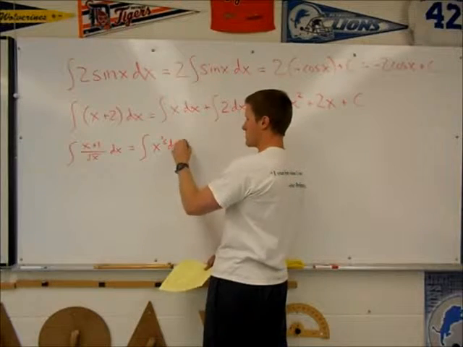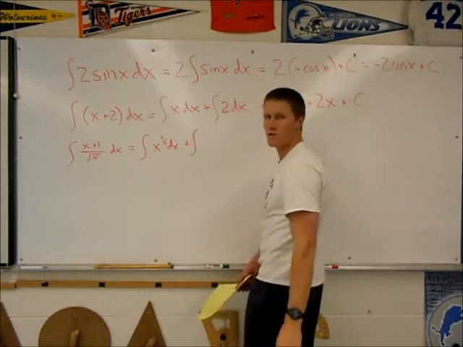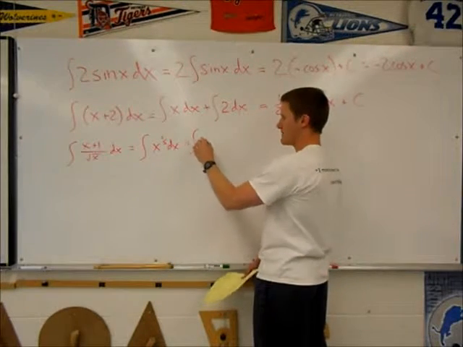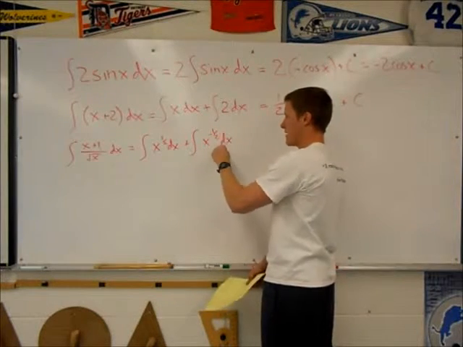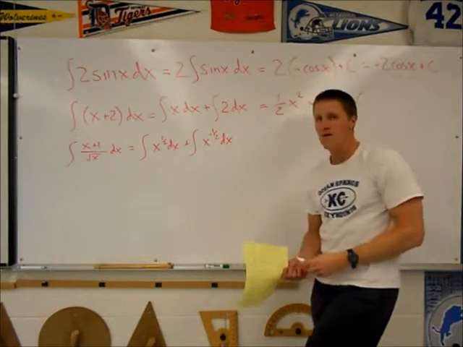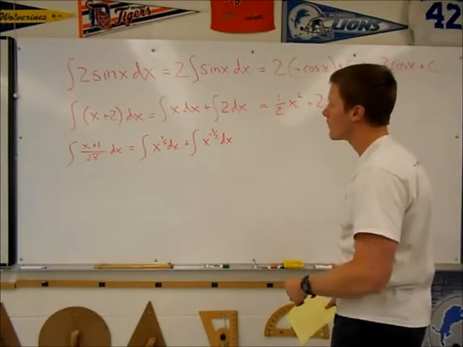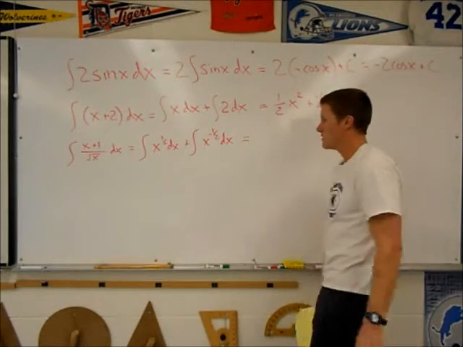And then we can use sum rule on this. 1 over root x, that's 1 over x to the positive 1/2, so bring that to the top. It's going to be an x to the negative 1/2. Now that we've got our rewrite, we can use our power rule for antiderivatives, indefinite integrals.